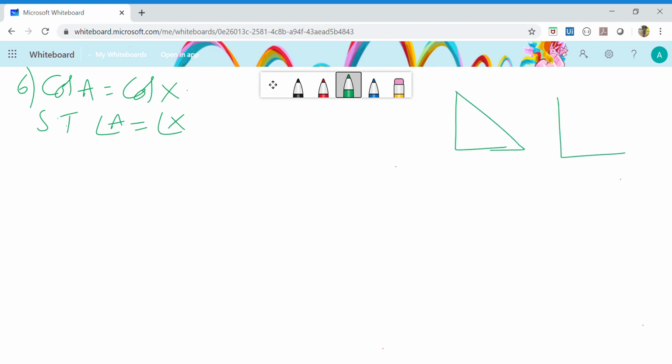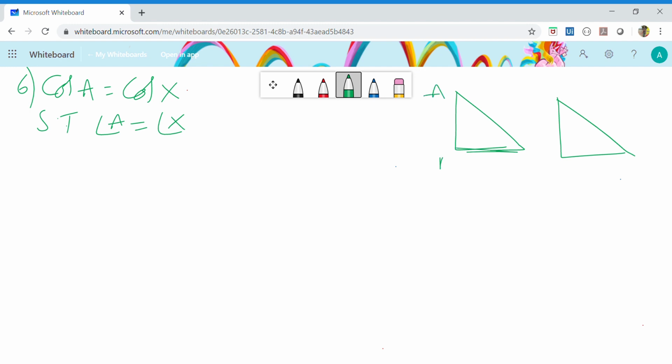Here, in triangles ABC and XYZ, angle A and angle X are acute angles, and cos A is equal to cos X. Then show that angle A is equal to angle X. So you have to draw the two right angle triangles ABC and XYZ.